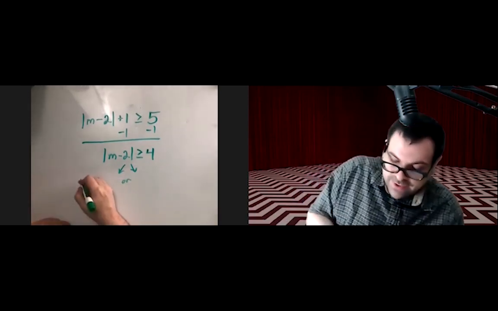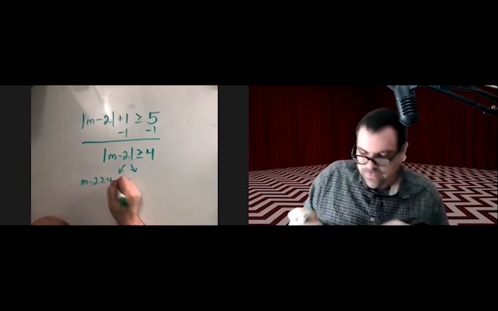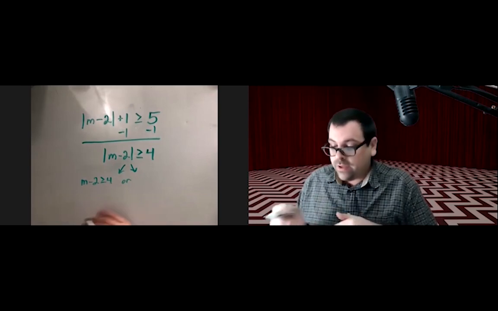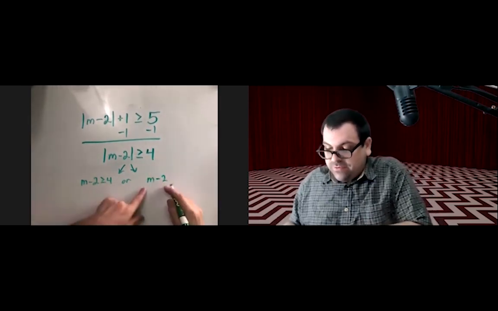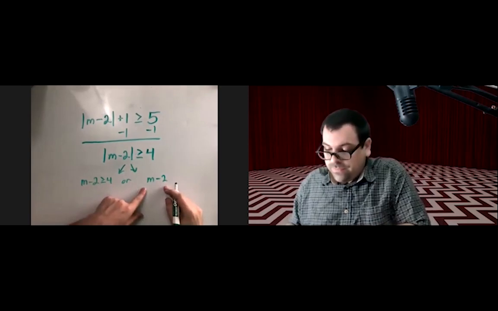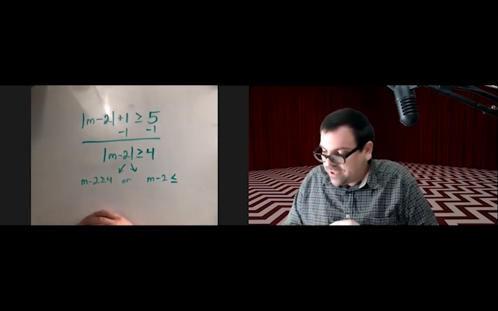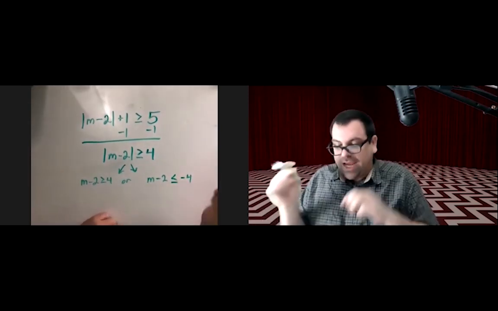First one, we just drop the absolute value. So m minus 2 is greater than or equal to 4. The other one, drop the absolute value, m minus 2. Switch greater than or equal to, to less than or equal to. Change positive 4 to negative 4.